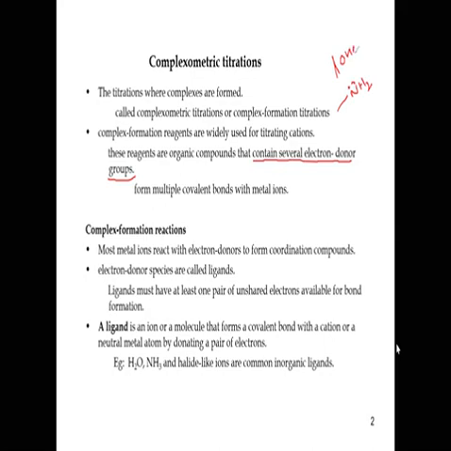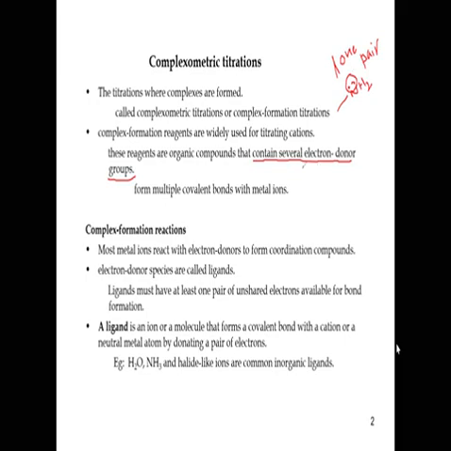Lone pair electrons. They are lonely there. So anyway, they are available to make some sort of bonds with the metal ions, right?